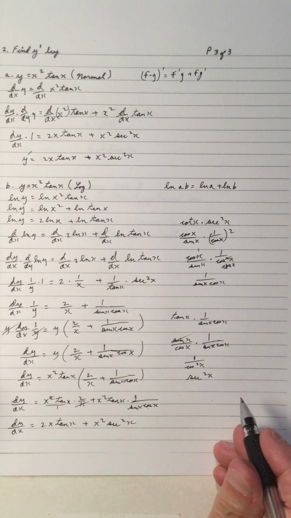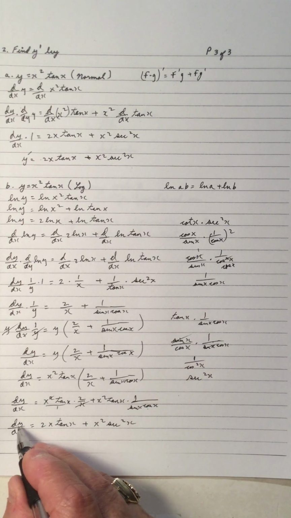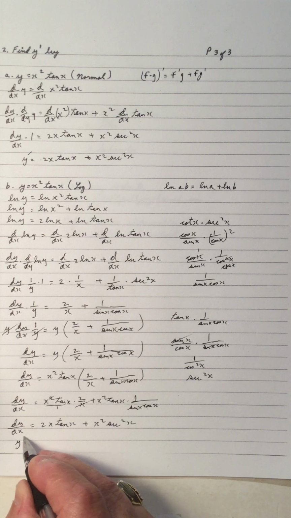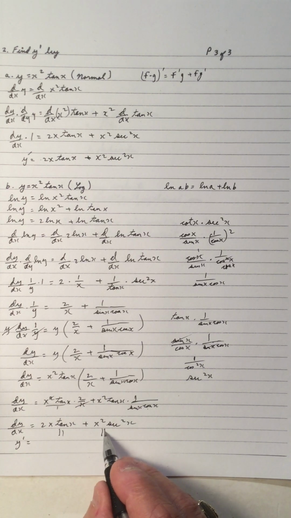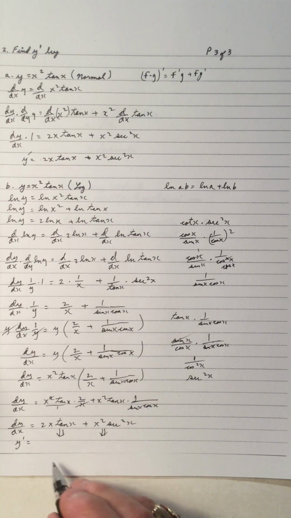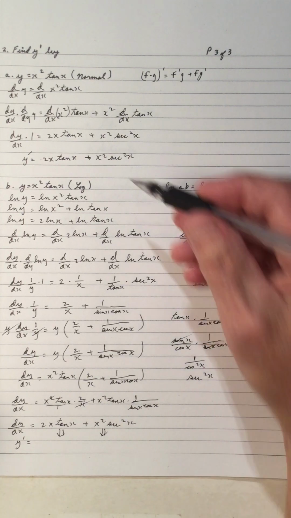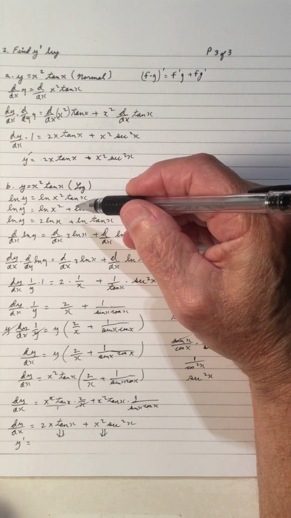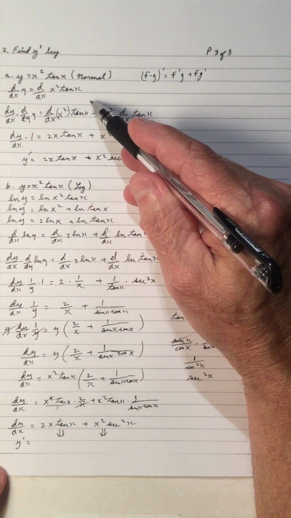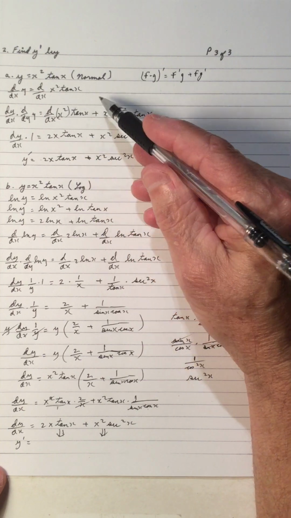And without rewriting all this again, I'm just going to say dy dx is the same as y prime, and all of this expression goes down right here without writing it all down and filling up more time. So notice that the two of them are the same. But again, even though we're using logs, the normal way is quicker here.